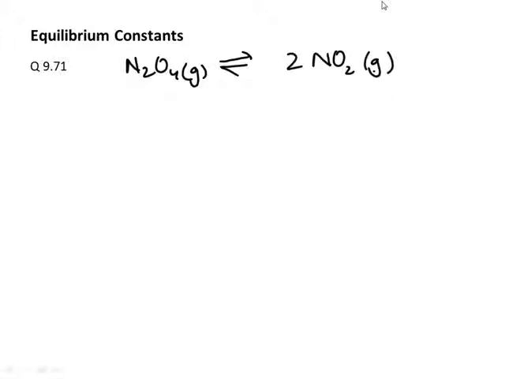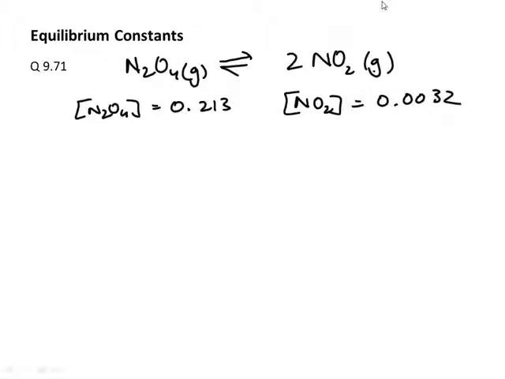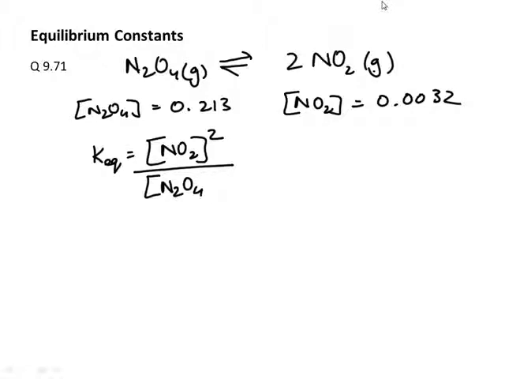And we are told in this case that the concentration of N2O4 is 0.213, and the concentration of NO2 is 0.0032. So what is the K equilibrium equation, first of all, in this case? Yes, it will be NO2 concentration squared divided by concentration of N2O4.